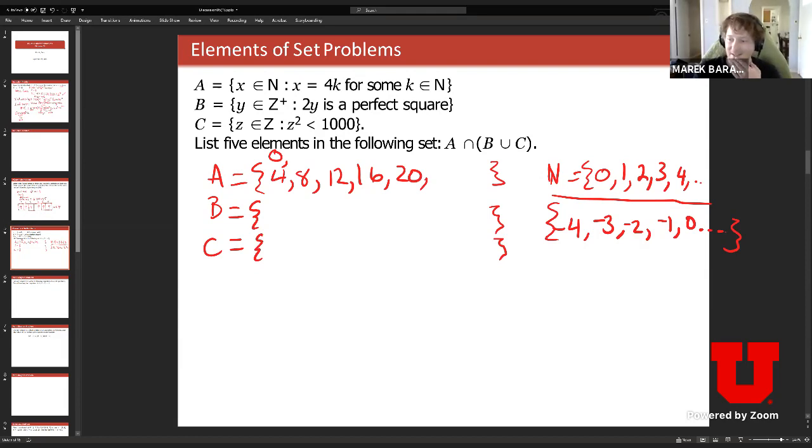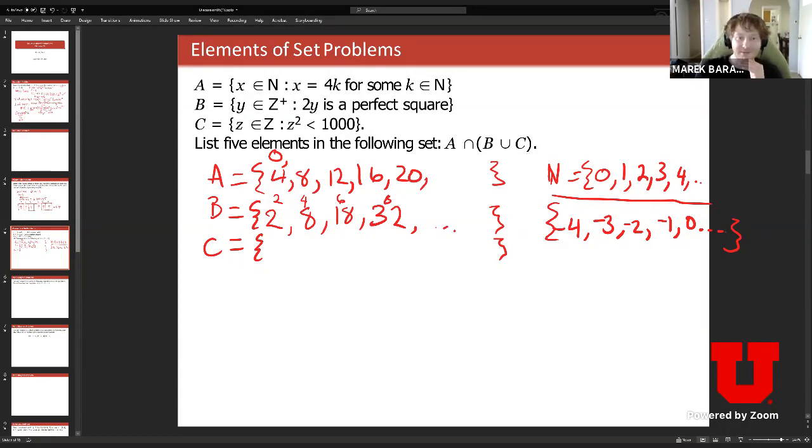Elements of B: 2, 8, 16, 18, 32, 64, 36, so this would be corresponding to 2 squared, 4 squared, 6, 8 squared.